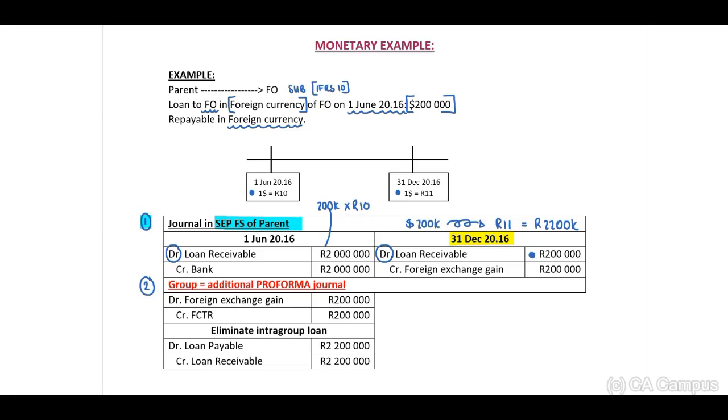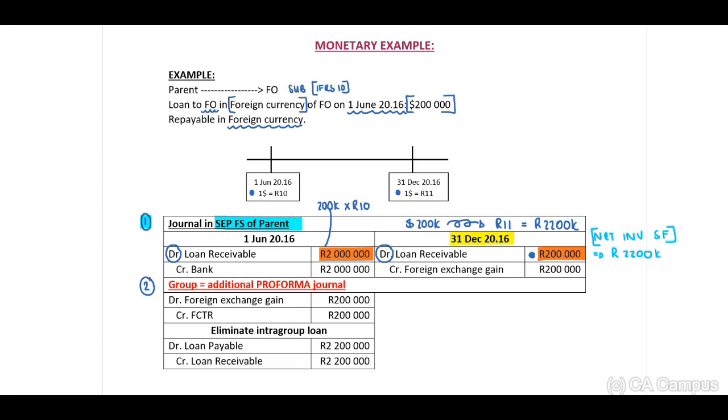Now important, when you look at the principles of IAS 21, where we indicate that this is part of our net investment in our separate financials, what does this actually mean? If you look at our journals, journal number 1, we've debited our loan receivable with 2 million. Journal number 2, debit loan receivable 200,000. Therefore, the net investment relating to this loan will be the 2.2 million.